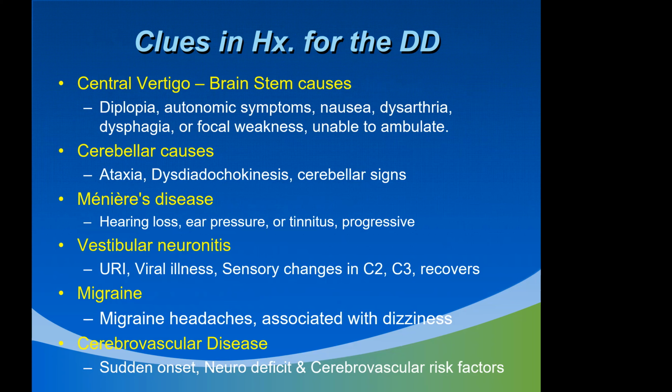That's why he has diplopia, dysphagia, dysarthria, facial weakness, inability to ambulate, and autonomic symptoms may be there. Cerebellar disease: he has ataxia, dysdiadochokinesis, and other cerebellar signs like hypotonia, pendular knee jerk, nystagmus, and all those cerebellar signs attached.